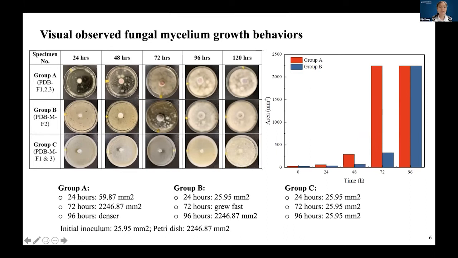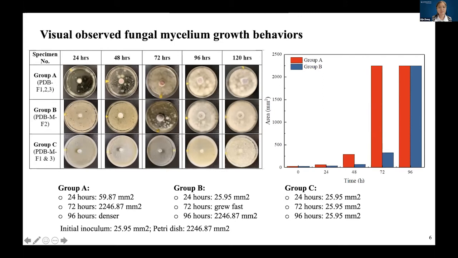However, with the influence of mortar at the bottom, in group B we didn't see germination on the first day. We can see faster growth between 72 hours and 96 hours, and then they cover the whole surface of the Petri dish after 96 hours.